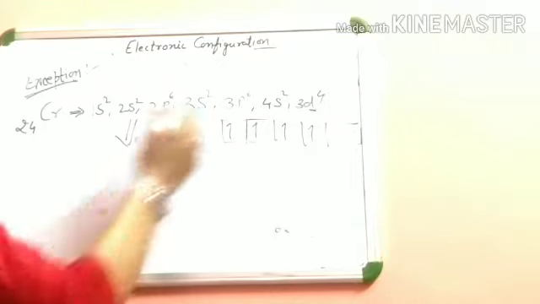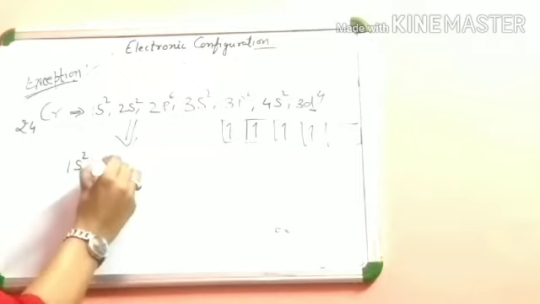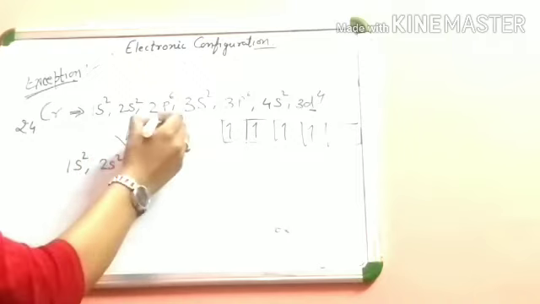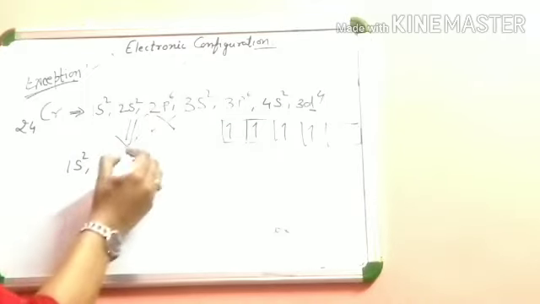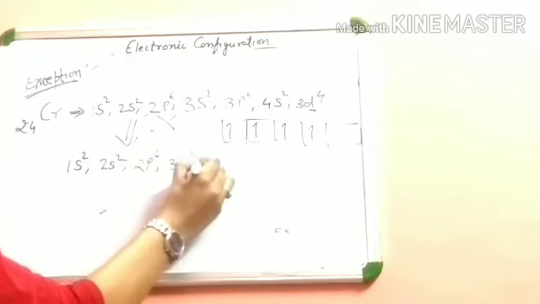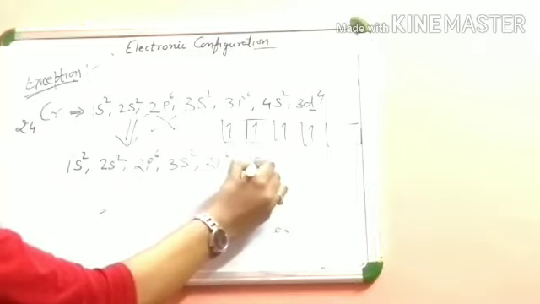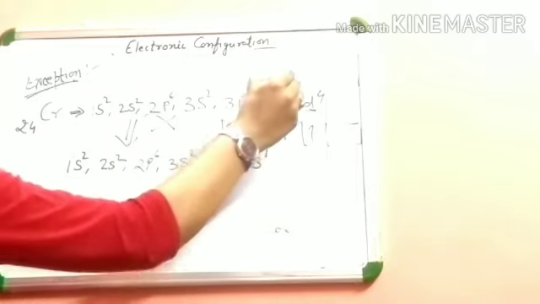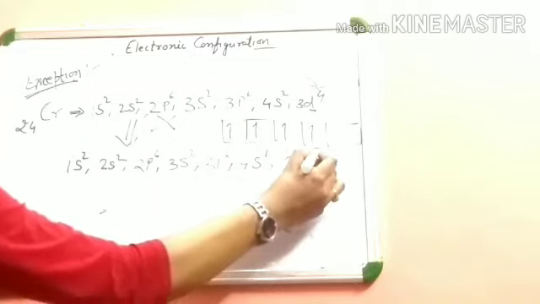So it will convert. This is the wrong electronic configuration of chromium. The correct one is 1s2, 2s2, 2p6, 3s2, 3p6, 4s1, and 3d5. One electron will move, and it will become 3d5.